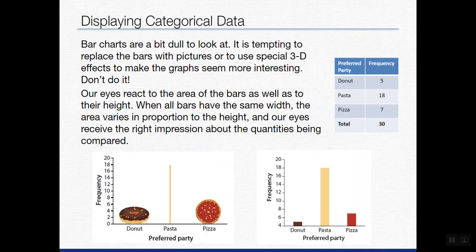It takes in the width of them as well, which can be misleading. On the right, our y-axis starts at 4 instead of 0, which again can be misleading. It makes pasta look way more popular than donuts because the pasta bar is a lot taller than the donut bar.